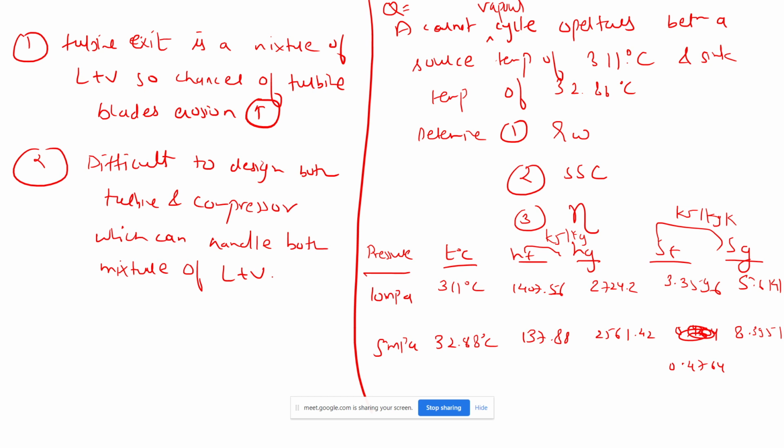Work ratio is turbine work by compressor work. Work ratio is 1 minus back work ratio actually, and it is 1 minus compressor work upon turbine work. Is it 0.619 work ratio? Yeah, right. And what is the specific steam consumption?